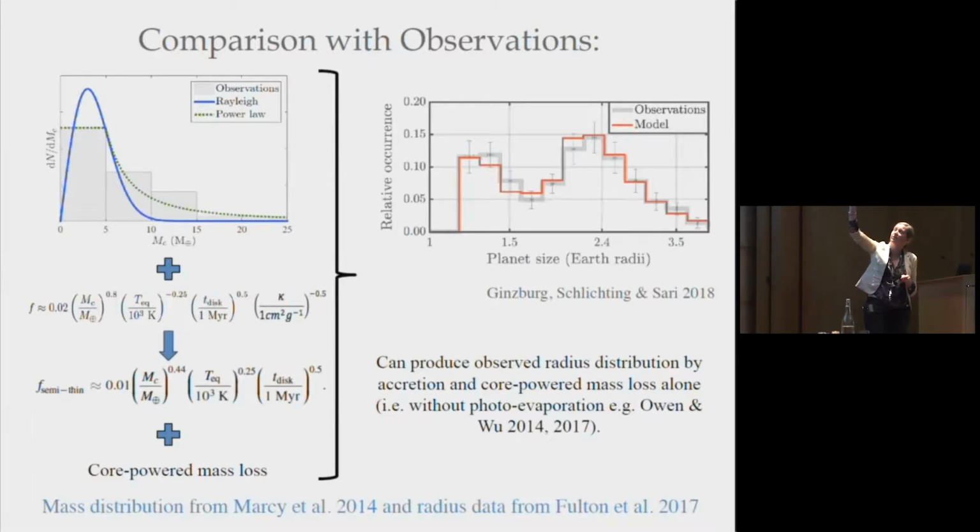So this red histogram is basically the outcome of this very simple model. In this gray is a comparison with the actual observation. So what's intriguing is, just from a pure planet formation point of view, you seem to be able to reproduce this bimodal distribution that's observed in the exoplanet size distribution of the super-Earths and sub-Neptunes.